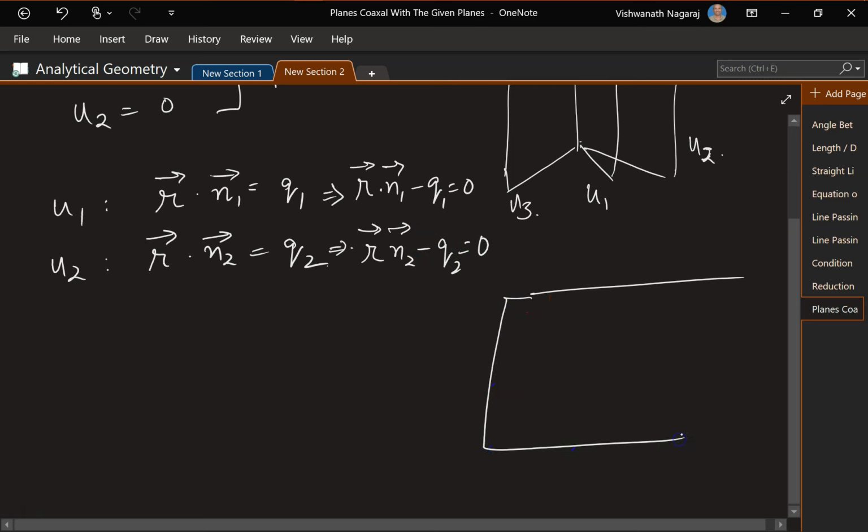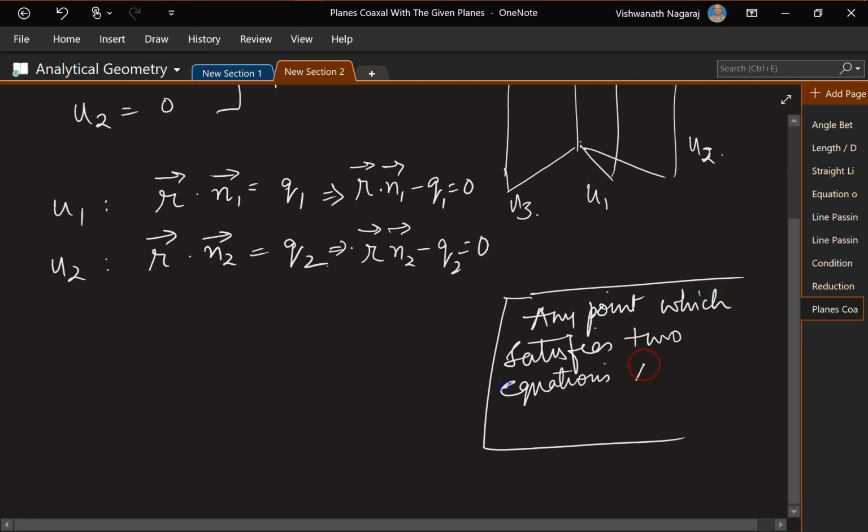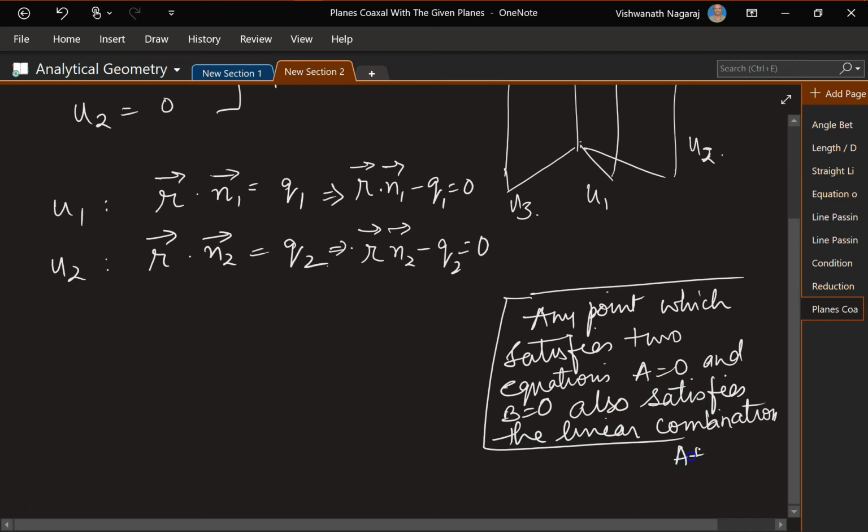This relates to some other topic in maths. Any point which satisfies two equations, say a equal to 0 and b equal to 0, also satisfies the linear combination a plus lambda b equal to 0.